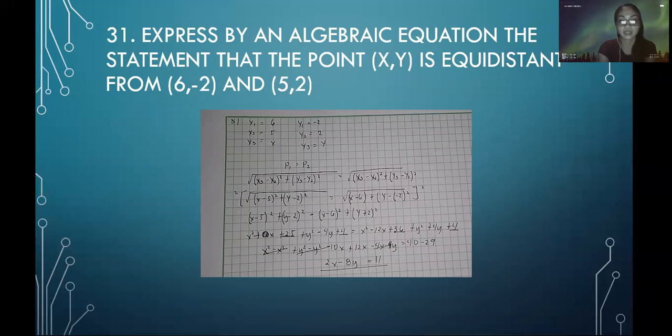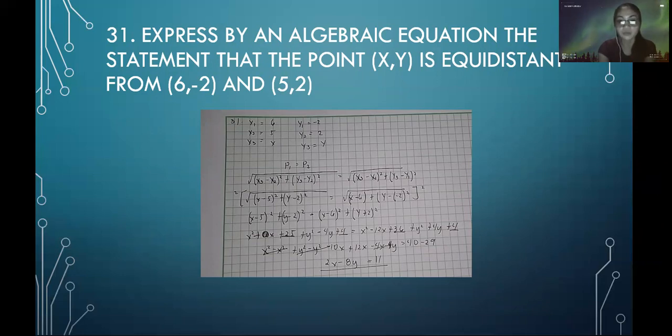So combine like terms: negative 10x plus 12x, negative 4y minus 4y, equals 36 minus 29. So x squared minus x squared will be cancelled out, same as y squared minus y squared.